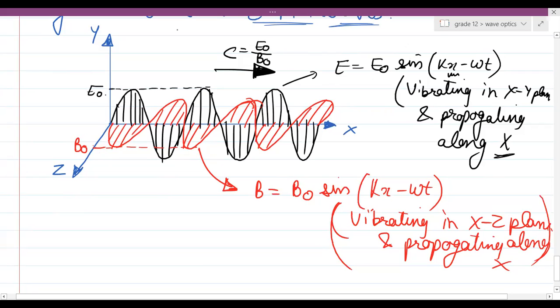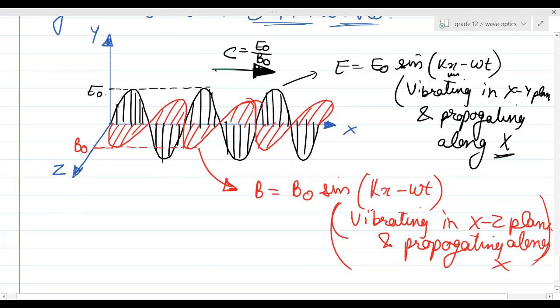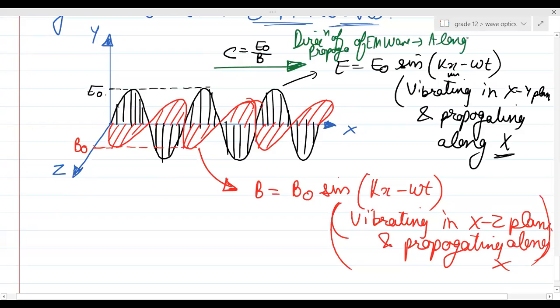So the direction of propagation of the electromagnetic wave is along x. Can you see here there is one electric field and there is one magnetic field, right?